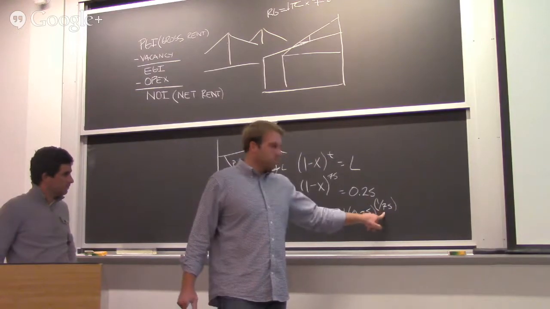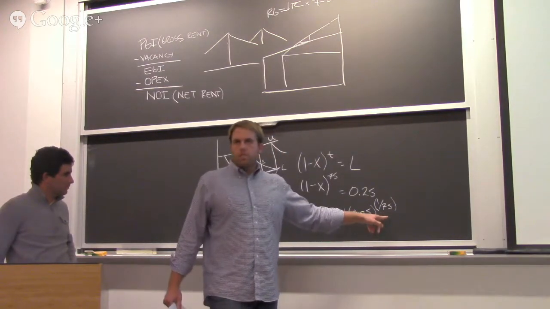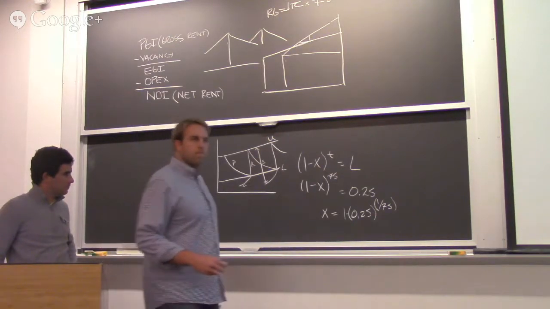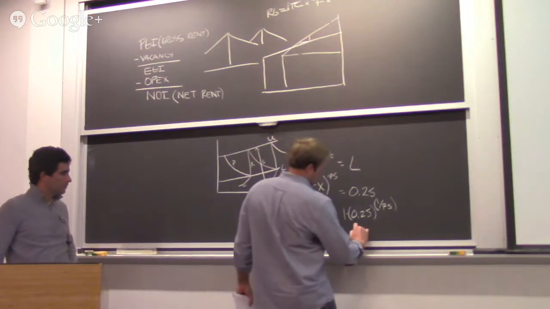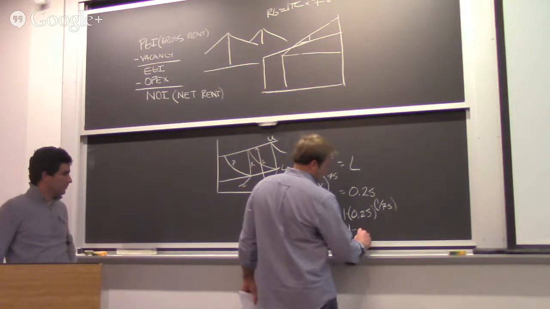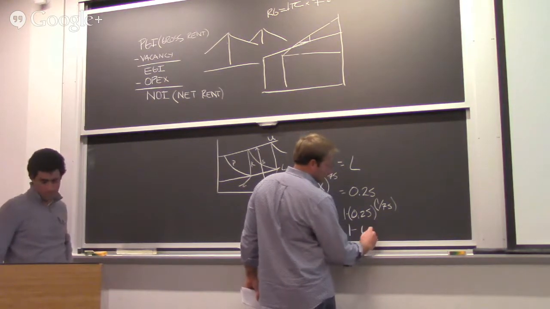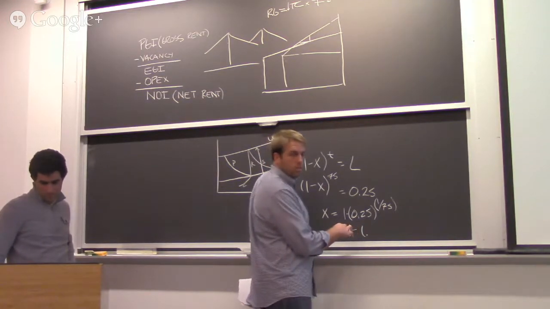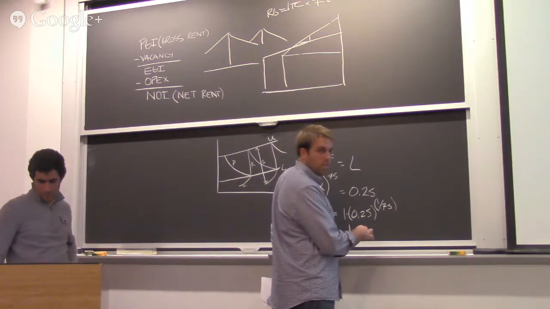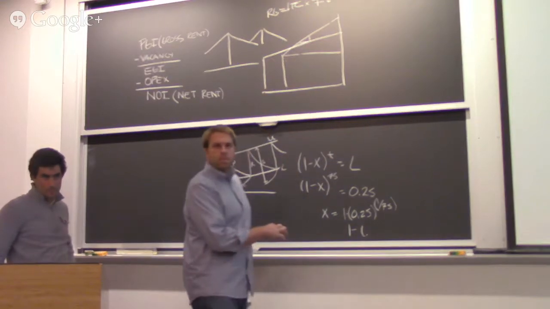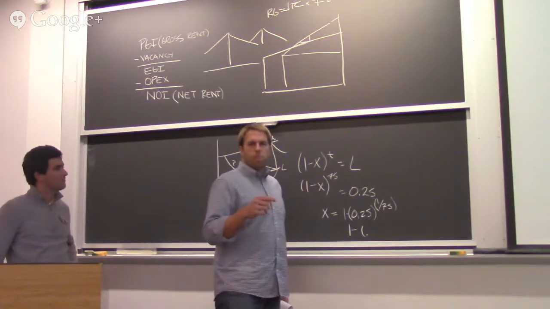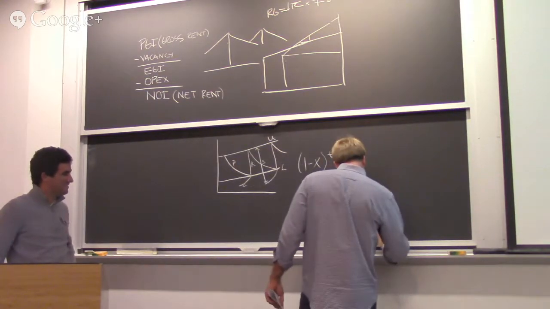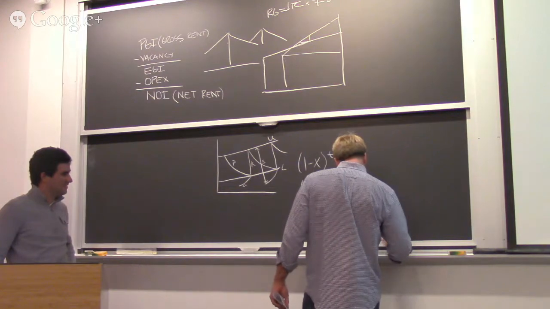Someone with a calculator, what's 0.25 raised to 1/75? 0.0133? I don't think that's right. It should be 0.9817. Yeah, that sounds about right.